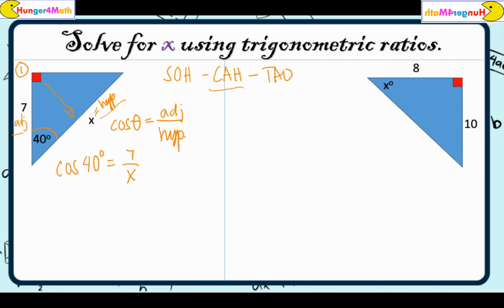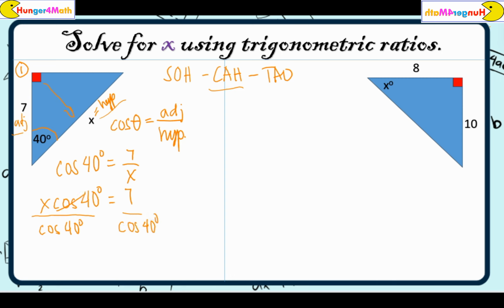Now let's solve. So cross multiply, that will be x times cosine 40, or x cosine 40 degrees is equal to 7. And then we have to divide both sides by cosine 40 degrees.